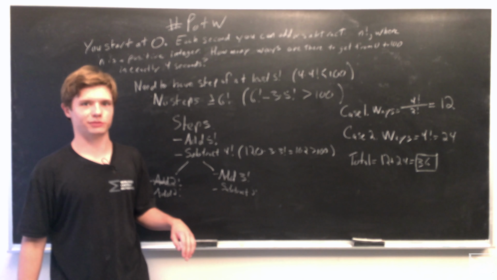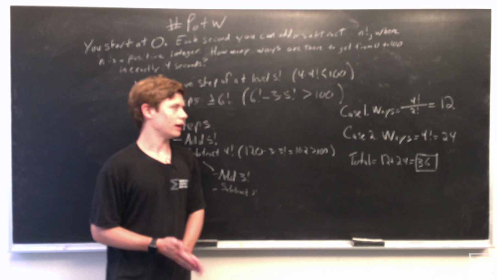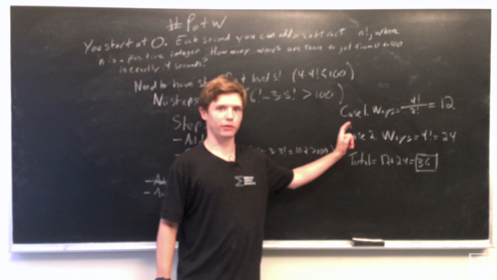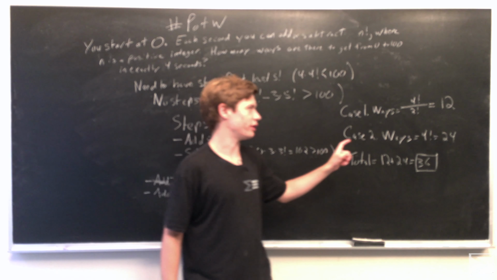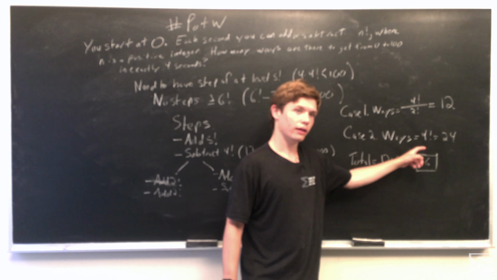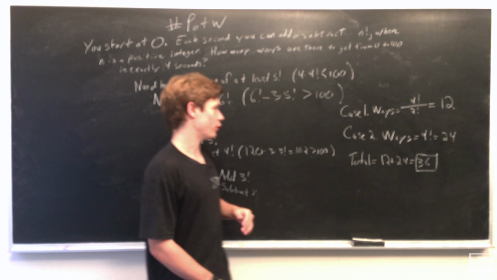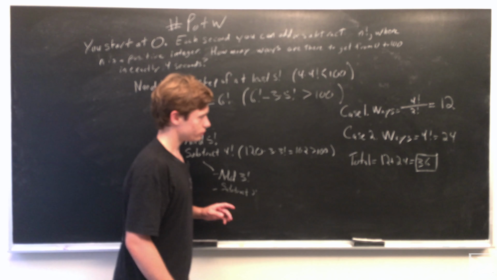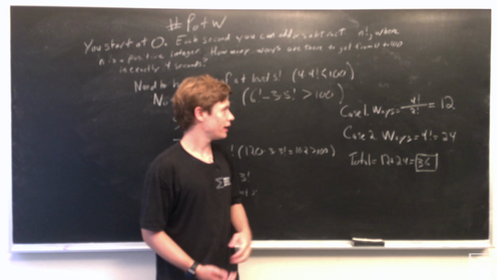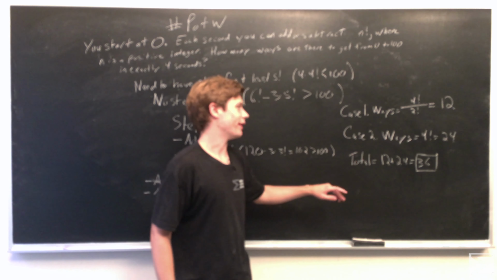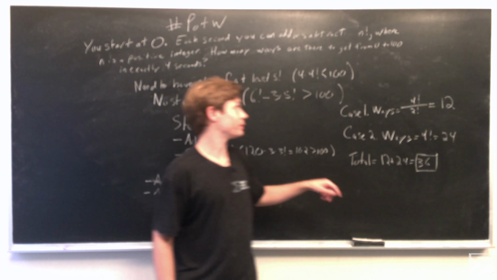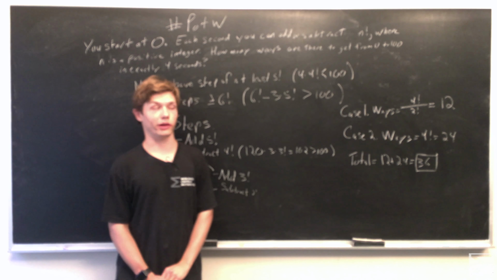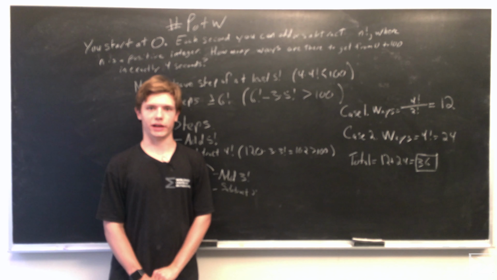These 4 unique steps we can arrange in any order we want to. So we end up with 4 factorial being the number of ways to arrange these steps, which equals 24. These are the only 2 possible cases, so from there, you just add them up together, and we find that there are 36 ways to get from 0 to 100 in only 4 steps.